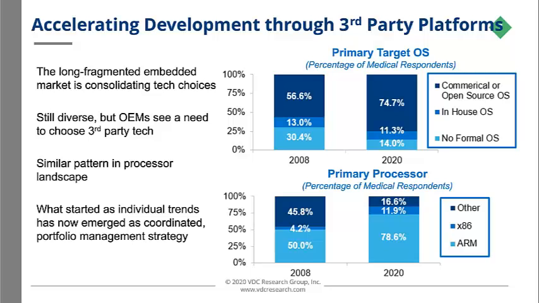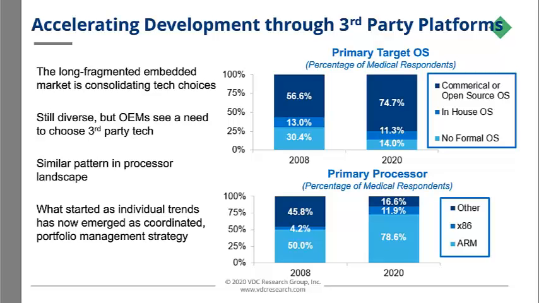They recognized the need for sophisticated OS platforms, and in some cases, again, that meant adding one altogether. And for others, that meant moving to a third-party solution when they couldn't scale their own internal efforts. And then there was the desire to refocus some of those resources on other stack layers and tap into what that third-party ecosystem could offer. And we saw a similar pattern in the processor landscape as well.